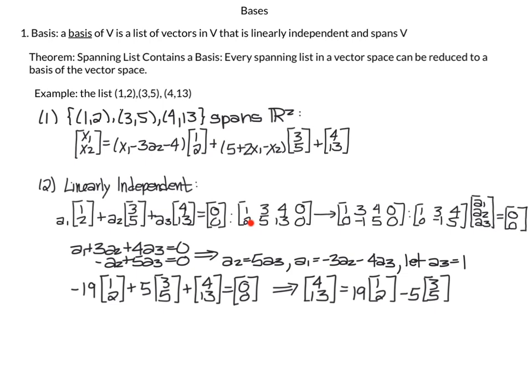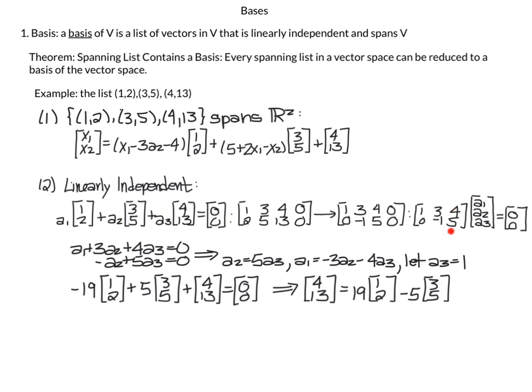This is the matrix that represents this vector equation. So I have my first vector 1, 2, my second vector 3, 5, my third vector 4, 13, and my solution vector 0, 0. I row reduce and I get the matrix with columns 1, 0, 3, negative 1, 4, 5, 0, 0. Writing this back in vector form, I have my coefficient matrix with columns 1, 0, 3, negative 1, 4, 5.